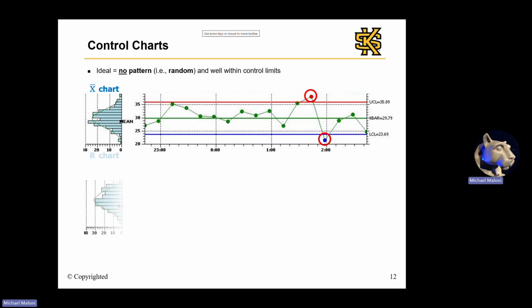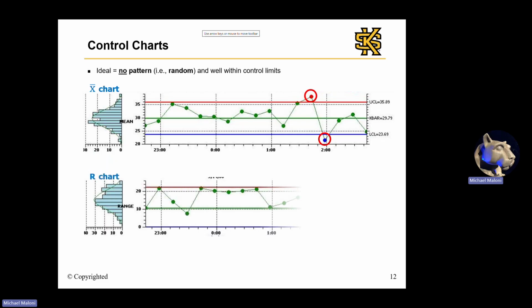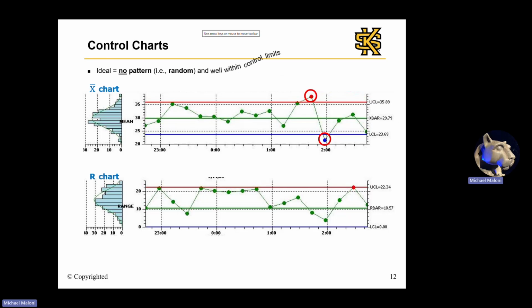Let's also look at the R chart, and we'll discuss why we need to look at both the X bar chart and the R chart later in this section. But is this R chart random and well within control limits? Well, there are no points outside of either control limit, but there are some problems with randomness.